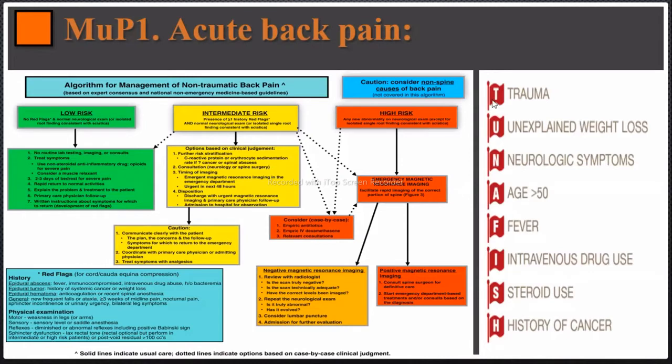So red flags: trauma; unexplained weight loss, so maybe infection or malignancy; neurologic symptoms, so maybe Cauda Equina syndrome; age more than 50; fever means infection; intravenous drug use, high risk for infection; steroid use, high risk for infection, meaning the patient is immunocompromised; history of cancer, a high risk for metastasis. Okay, so you can check this algorithm if low risk, intermediate risk, and high risk.